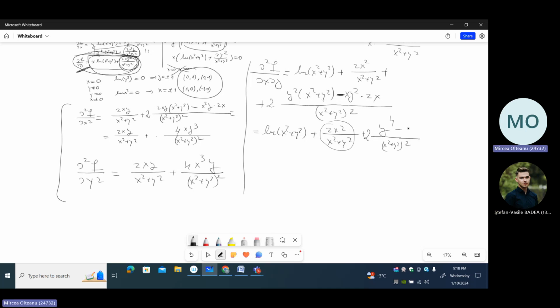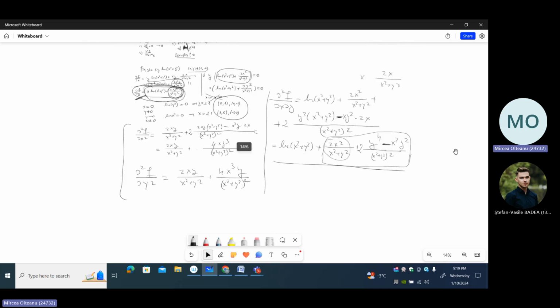If we consider here the same denominator, then this expression would be symmetric with respect to x and y, because the initial function has a symmetry between x and y. So ∂²f over ∂x ∂y must be somehow symmetric in x and y. And it is, but we can't see it in this form.